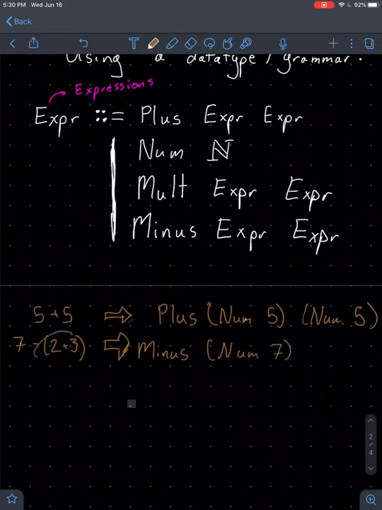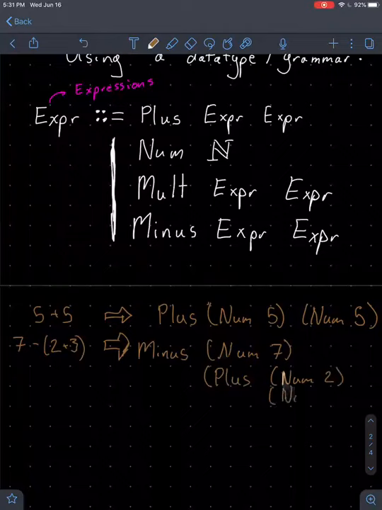And then the second part is a plus operation. We write it infix, but really it lives on the outside; it's the outer thing. So we also have a plus with num 2 and num 3. This isn't really any different than how we defined lists before, like with cons, or the maybe type, or even the numbers. These are just constructors at the end of the day. We're just building up more and more stuff from scratch.